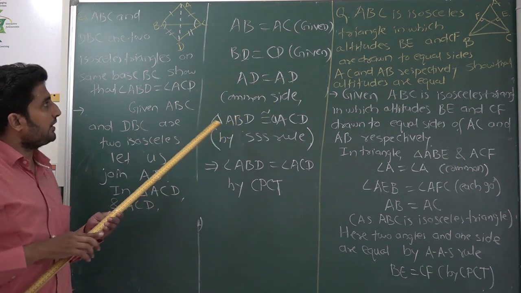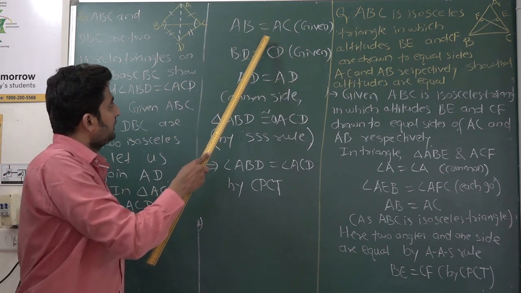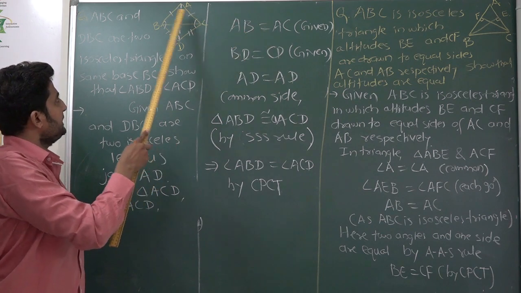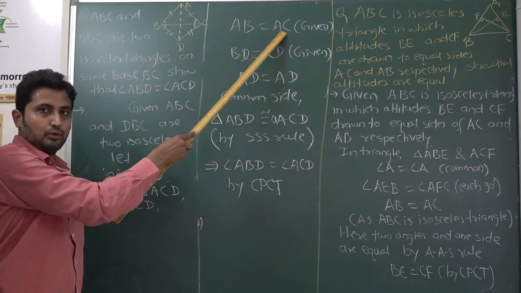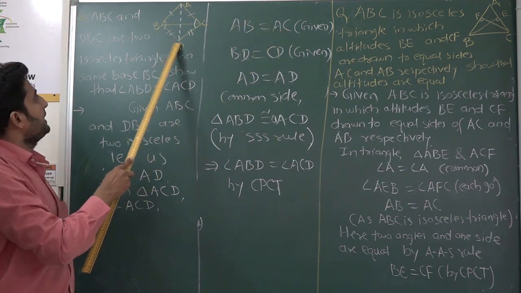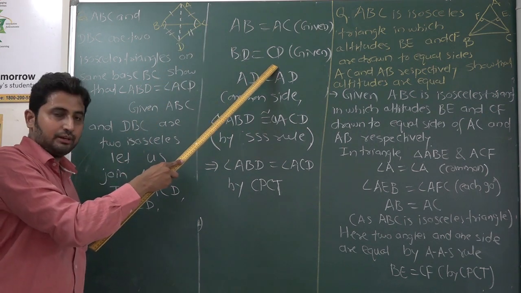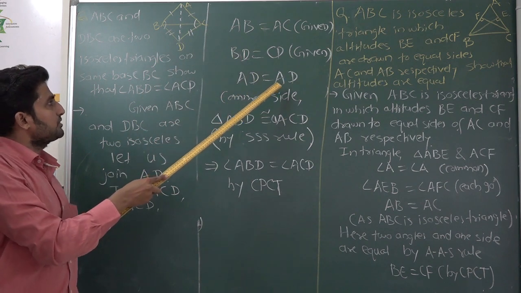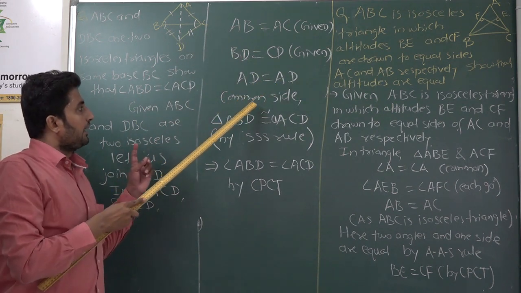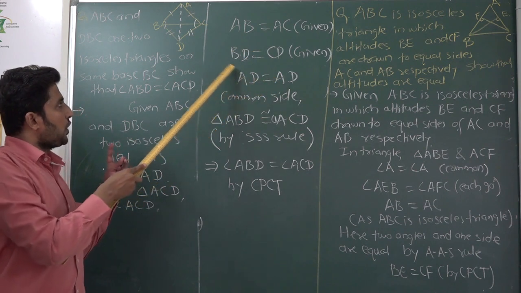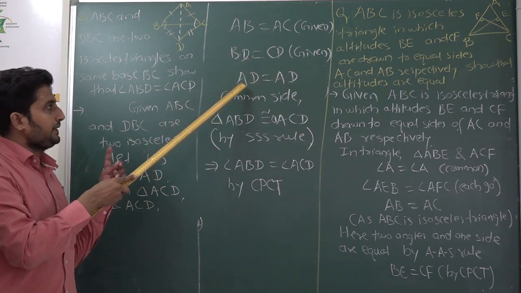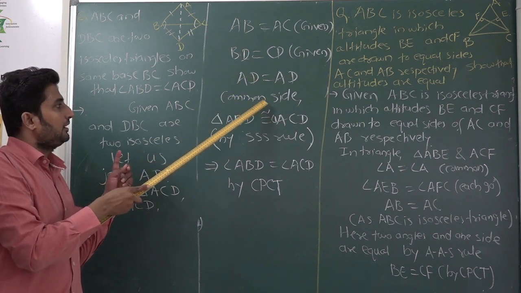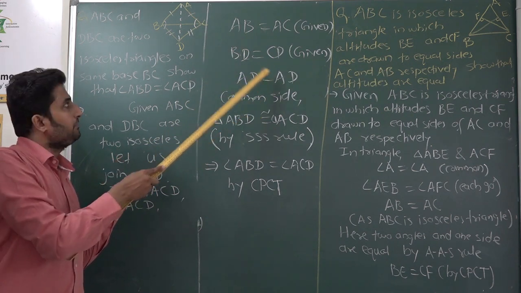Now, dear students, we are equating these sides. One is AB equal AC, which is given. Then BD equal CD, which is also given, and AD equal AD because it is a common side. Now, if you watch all these points carefully, they are all sides.